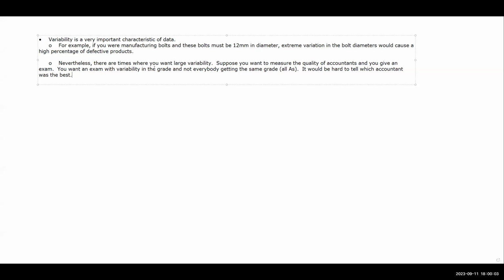You want an exam with variability in the grade. You don't want everybody to get A's because then you can't tell who's a good accountant and who's a bad accountant. You want to give a test that some people get A's, some people get F's. Okay. All right. With that out of the way, let's talk about various ways of measuring variability.